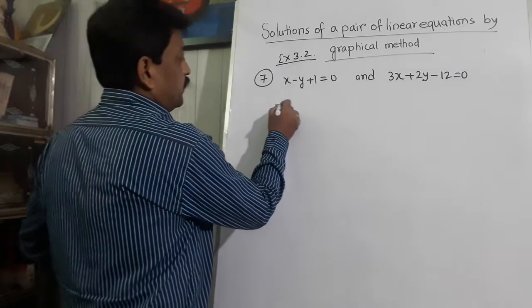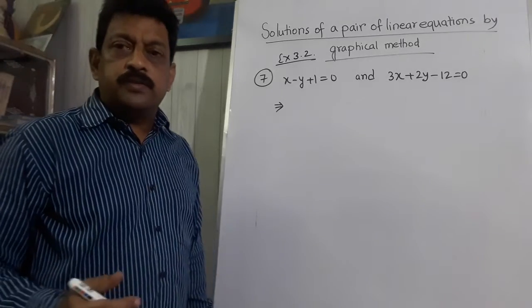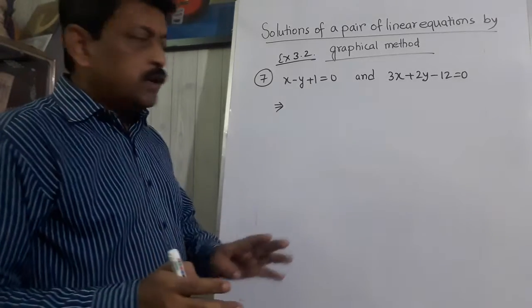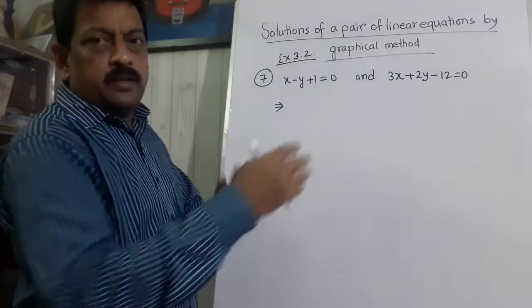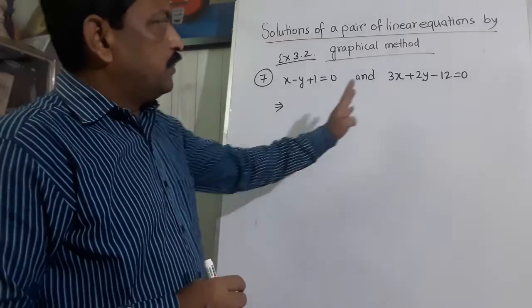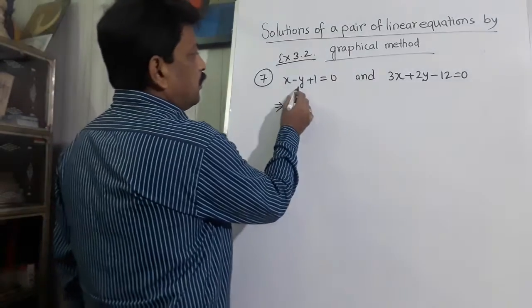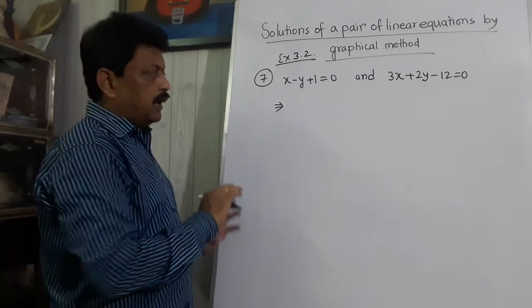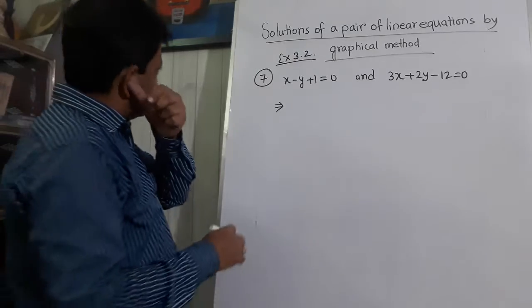Okay, so first of all, as I have told you earlier, whenever we are going to find the solution set, we have to keep one of the variables on the left hand side and take everything else to the right hand side. The same rule is followed on both sides. So here I am taking y on the left hand side and x and 1 on the other side.